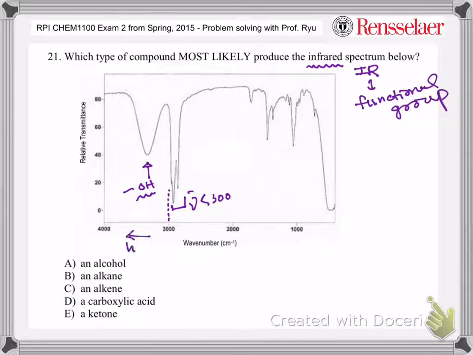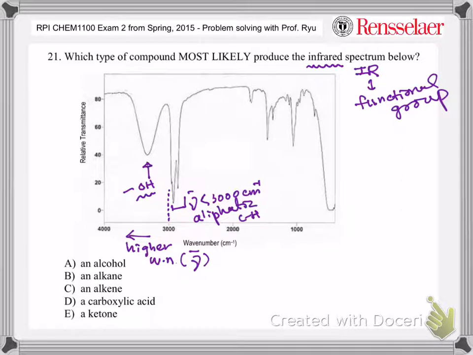This is a higher wave number, and this one is smaller than 3,000, and this is what we call the aliphatic CH2 vibration. So from here, I can see the OH vibration.